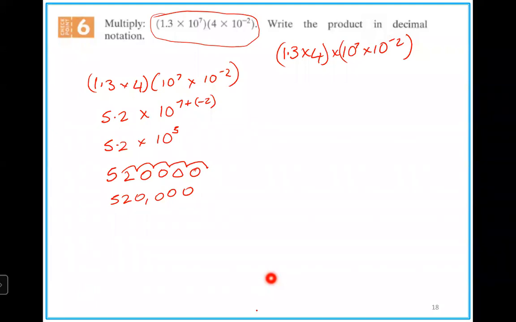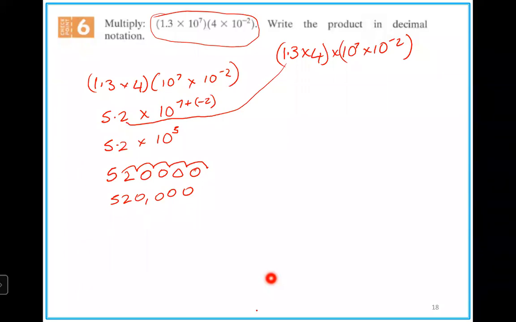So because we want to deal with the whole number portions, we just put the 1.3 and the 4 together, and then we put the powers together, 10 to the 7 power and 10 to the negative 2. So 1.3 times 4, the result is this, 5.2.